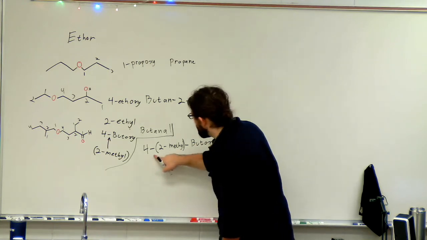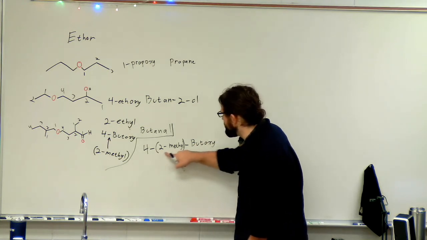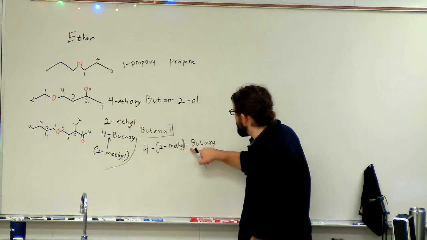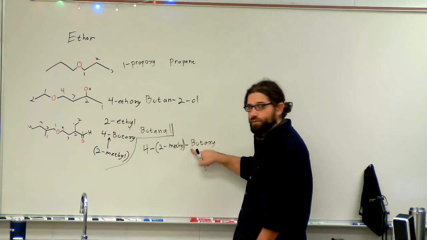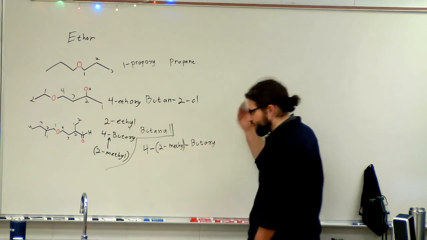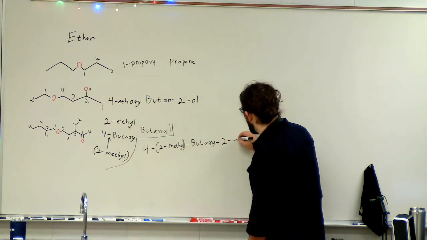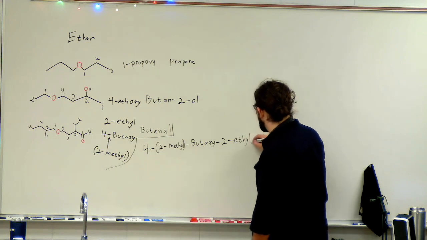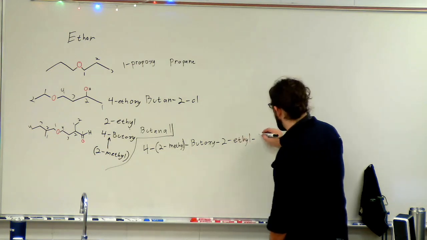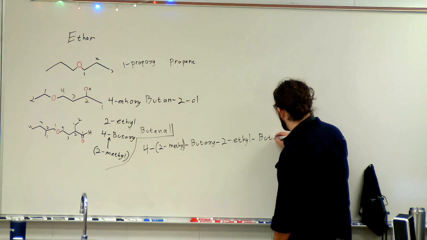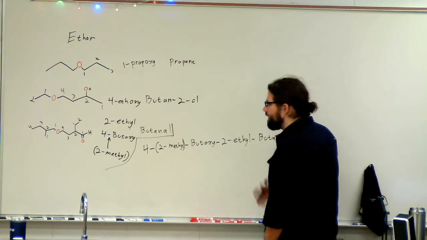So you see, this parentheses tells me that this functional group is actually on this functional group. I've got a functional group on a functional group. Great. Next, after butoxy, I get my 2-ethyl, and then butanal. Now I've named my ether.